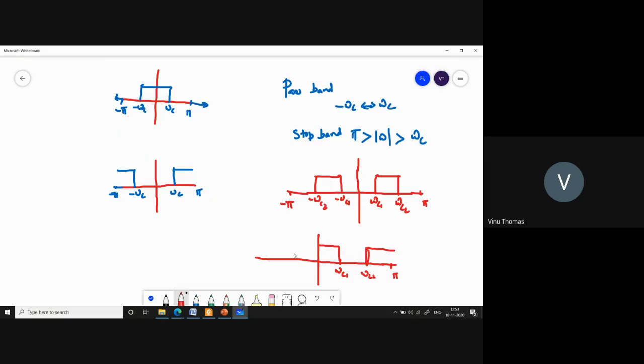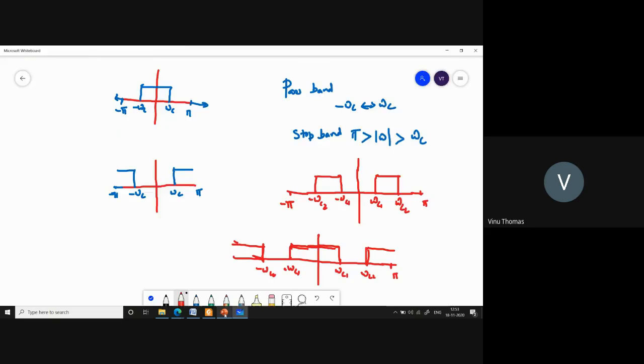Likewise here also, between minus omega c1 and minus omega c2, the filter stops the signal, and this is the ideal band stop filter. So we will need this for our discussions. Let us go back to the presentation now.